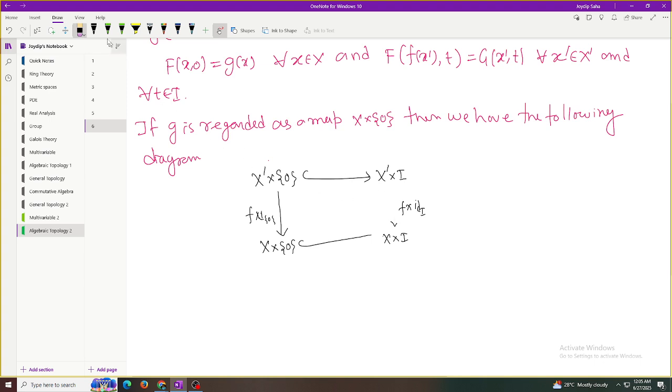Also, a cofibration is for any Y, while homotopy extension is with respect to some Y.